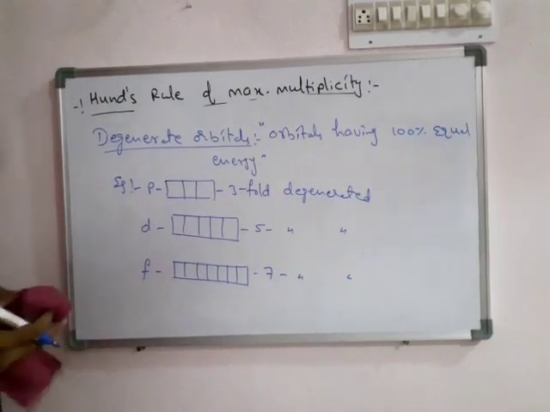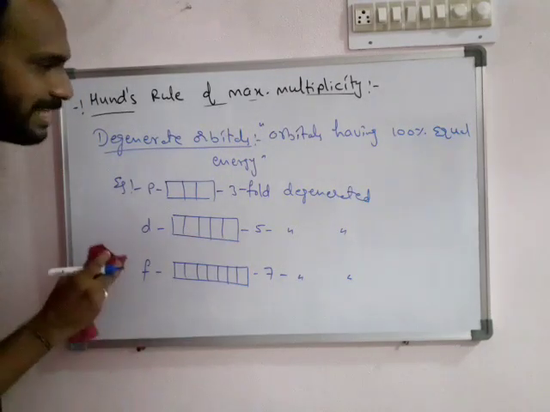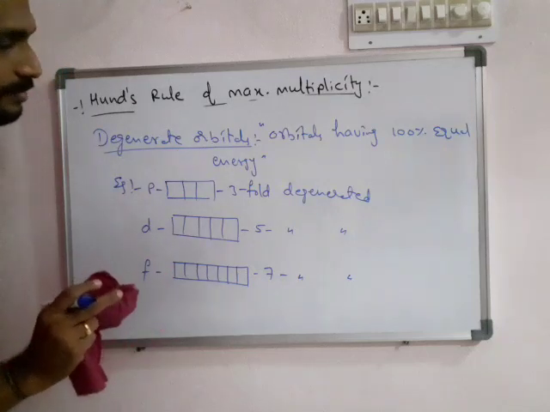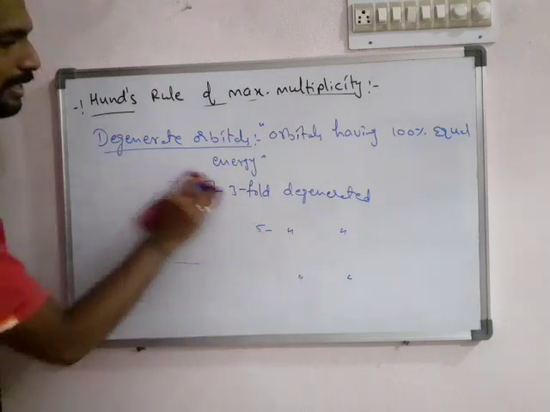Okay. So now you know the degenerate orbitals, which have 100% equal energy. Now we see what Hund's rule exactly is.